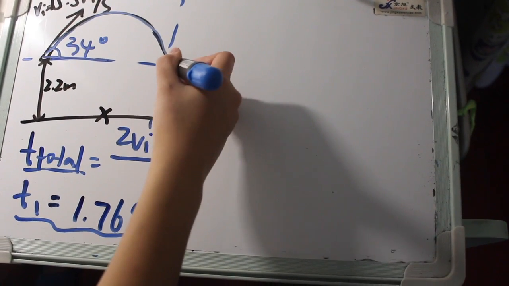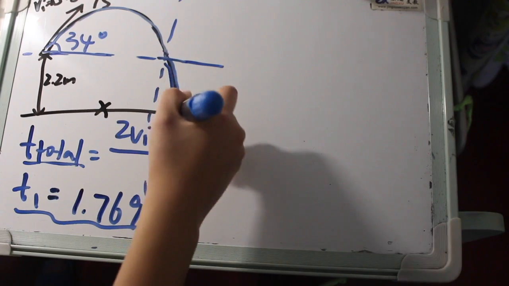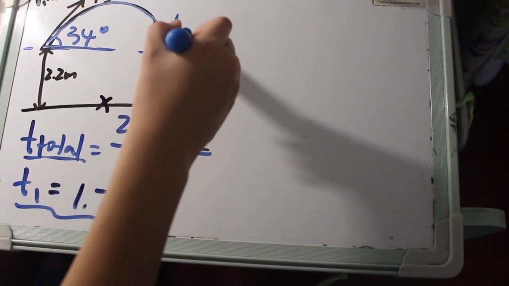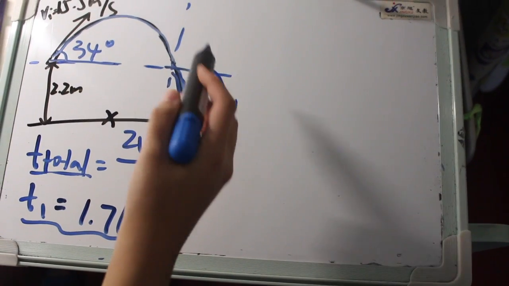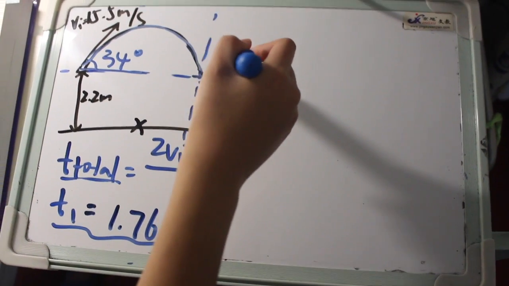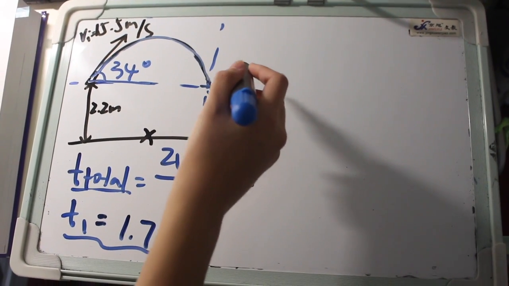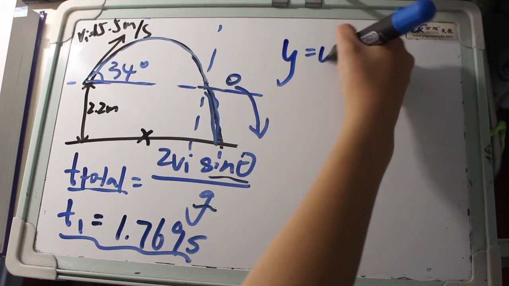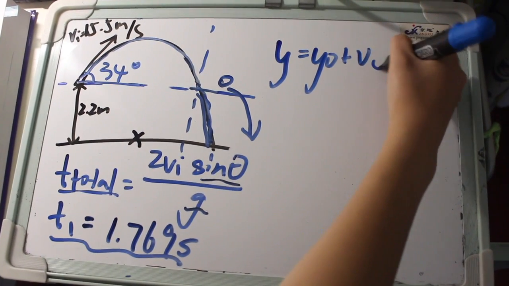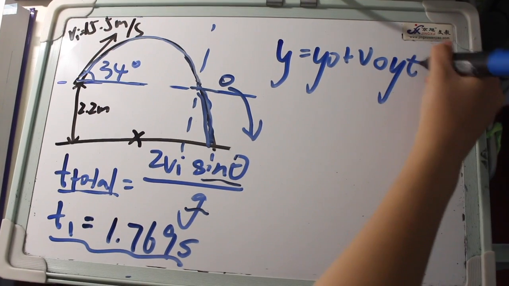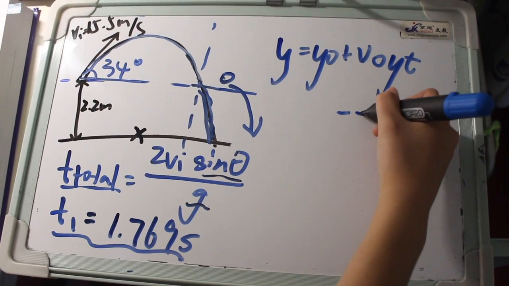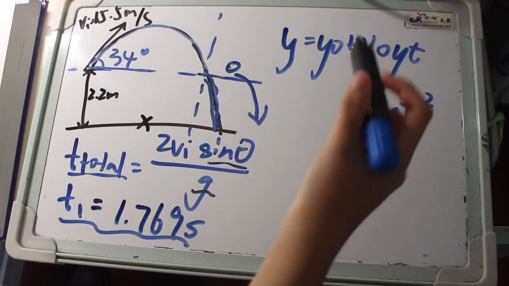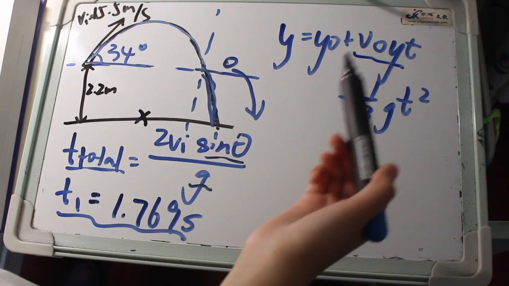Then we deal with this part. This part is just like a ball thrown down, but with an initial velocity. Then we can use this formula. What is V0y?